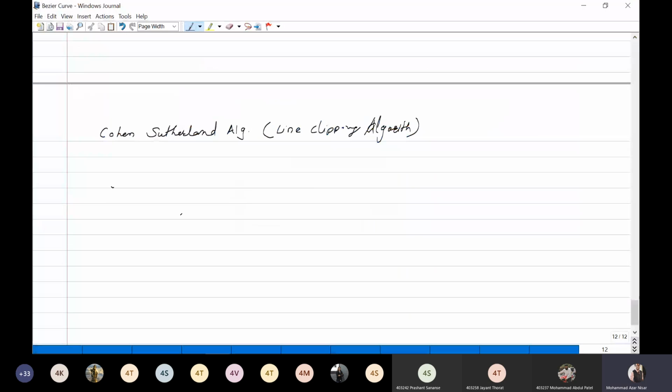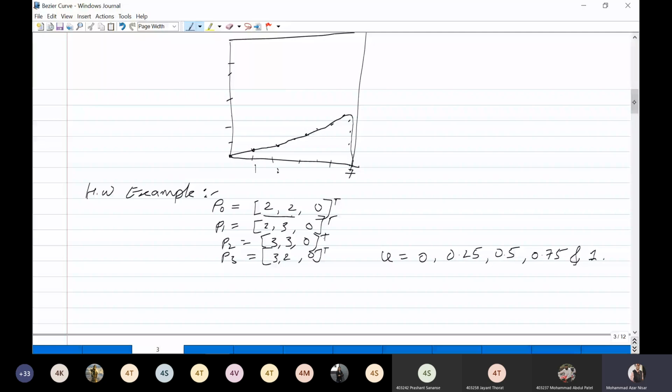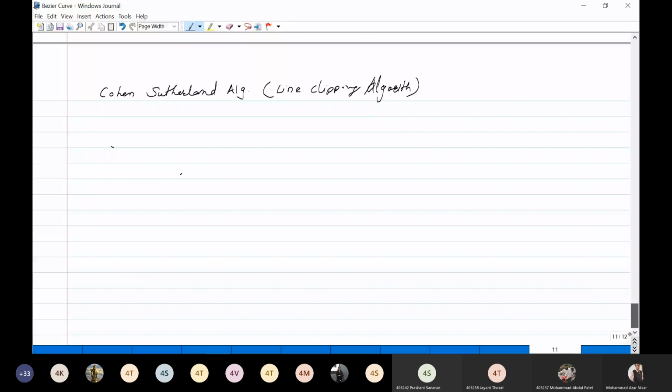In this, first you have to write the three possible cases for this algorithm.